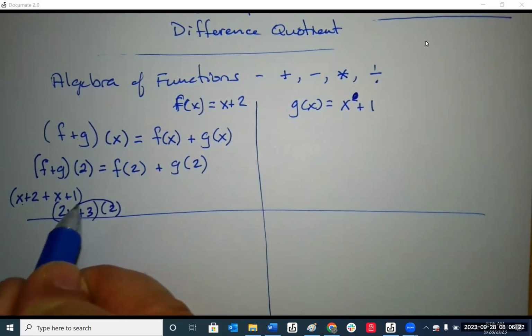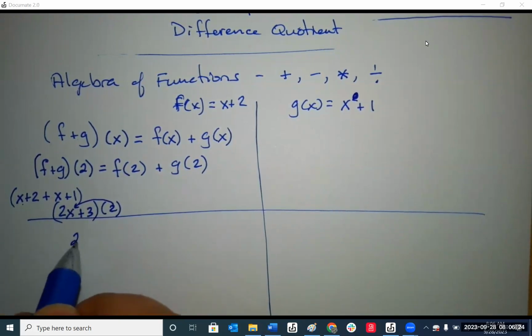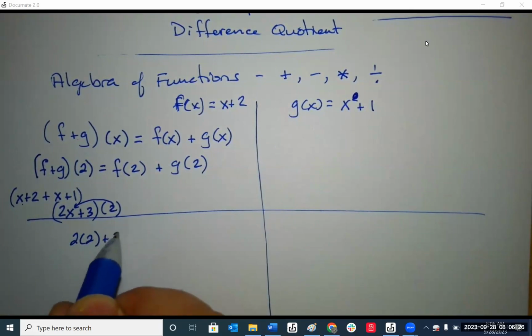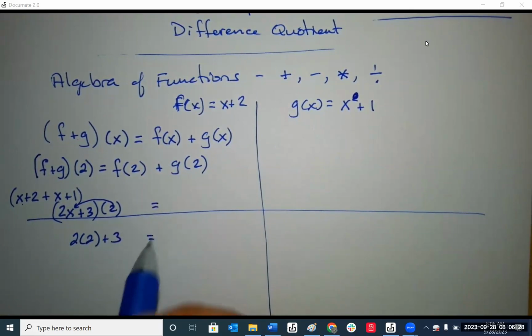Now we can take the 2 and put it in place of x. We have 2 times 2 plus 3, 4 plus 3 is 7.